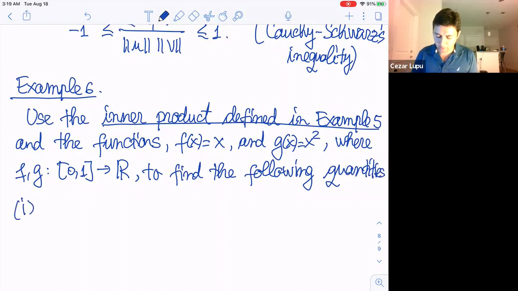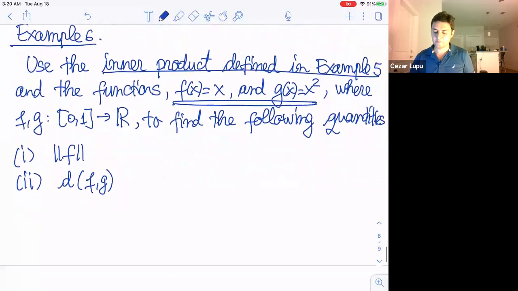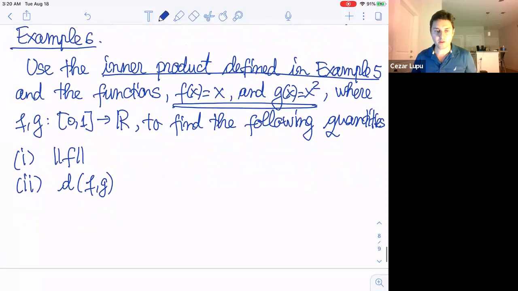The first one is we want to find the norm of f, and the second one is to find the distance between f and g. Wow, okay. And keep in mind that our functions are given explicitly. As you can see, f of x is x and g of x is x squared. Let's keep that in mind. Well, it's pretty straightforward what we need to do.